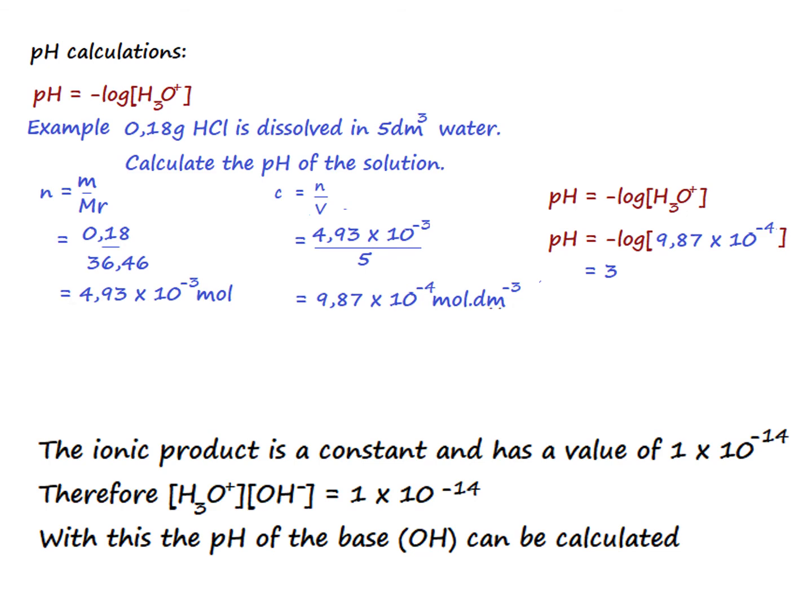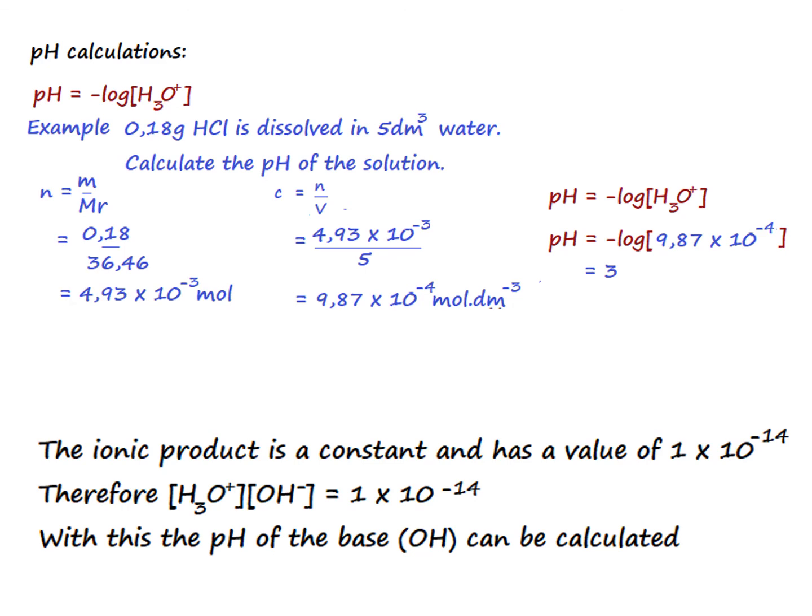Now that you have the mole, you can go and calculate the concentration. Concentration equals mole over volume, equals 4,93 times 10 to the power negative 3 over 5, equals 9,87 times 10 to the power negative 4 mole per cubic decimeter, or decimeters cubed if you like. Now this value is your concentration of your acid.